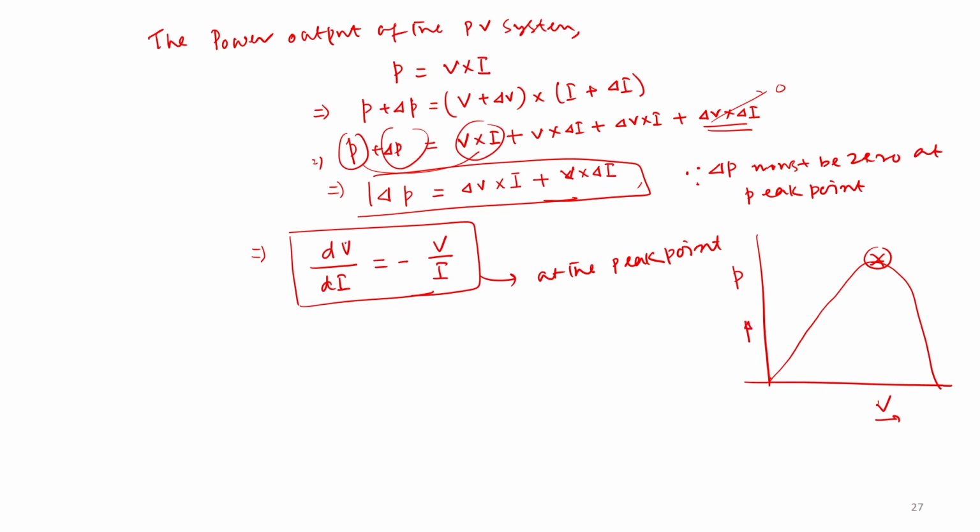So, this term, this part we can name as dynamic impedance, and this term is static impedance. Okay. So, now let us learn the strategies how this can be operated, right.